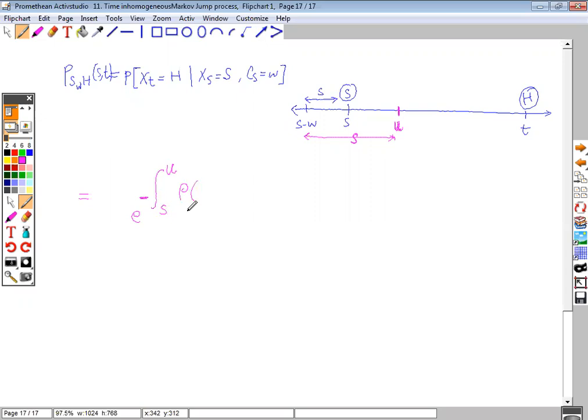I shouldn't be writing U here, so maybe I can change this variable and make it V, and I'm writing just U here. Okay, and now what will be the time that I spend?